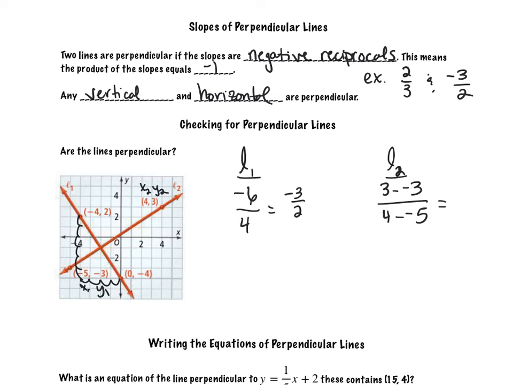So 3 minus negative 3 gives me 6, over 4 minus negative 5 would give me 9. And if I simplify that, I would get 2/3. So look, are they reciprocals? Yes. Is it one negative, one positive? Yes. So I can say yes, these are perpendicular.